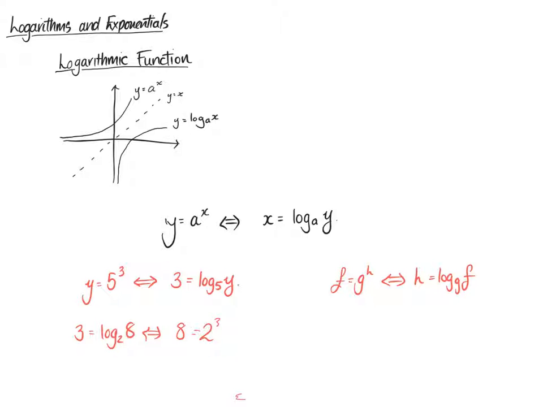And we can do this again with letters if we've got different numbers. So if I had a equals log to the base 10 of 16, then going to our exponent, we know 10 is our base, so it's got to be our base here. So we're going to have 16 equals 10 to the power of a.